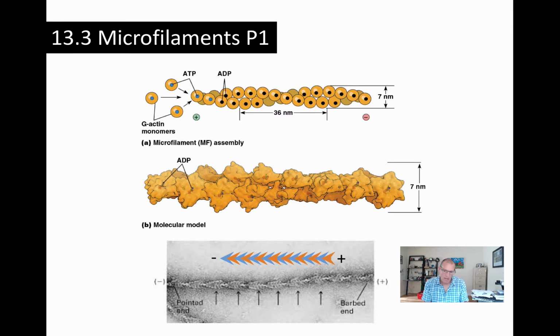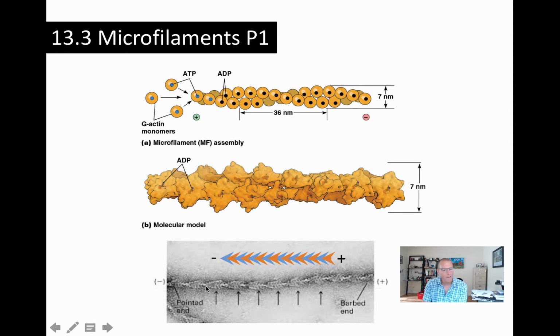So to do this, you take a subfragment of a myosin, which is a motor protein, and you mix it with the microfilaments. And because of the shape of that subfragment of myosin, you get this kind of decoration of barbs, of kind of like arrowheads. And I've kind of drawn this in here in PowerPoint, so you can see there are these like arrowheads, and you can just about make out these arrowheads.